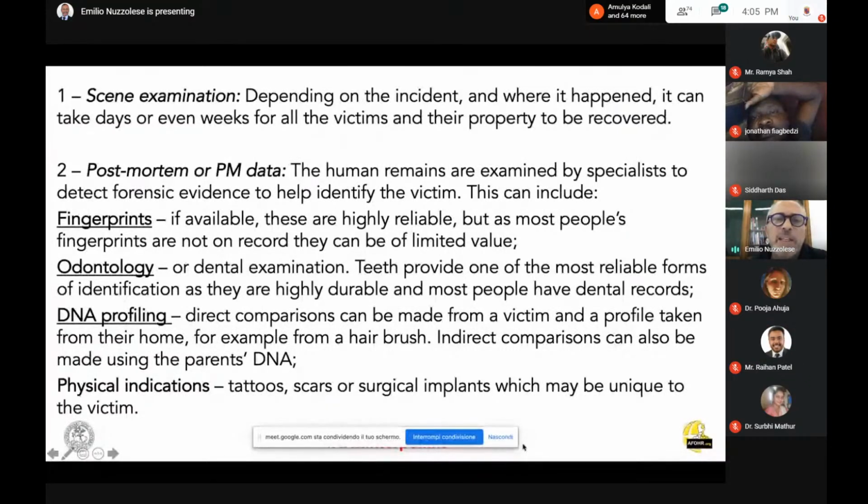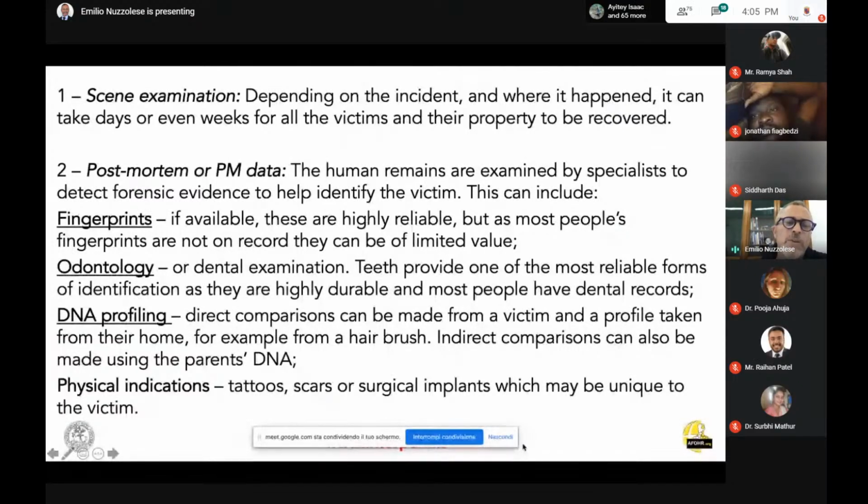So we have the scene examination. Depending on the type of the incident, we may ask odontologists to work on the site to help in the collection. What is most important for us as odontologists and forensic experts is the post-mortem, or PM, data collection, which is the process where you collect identifying data from the human remains.